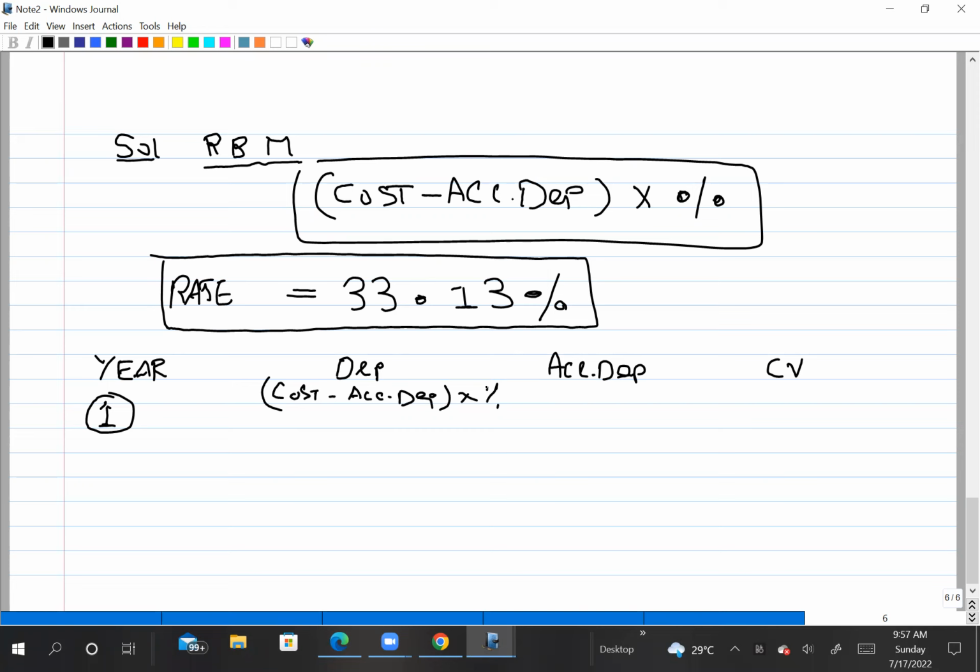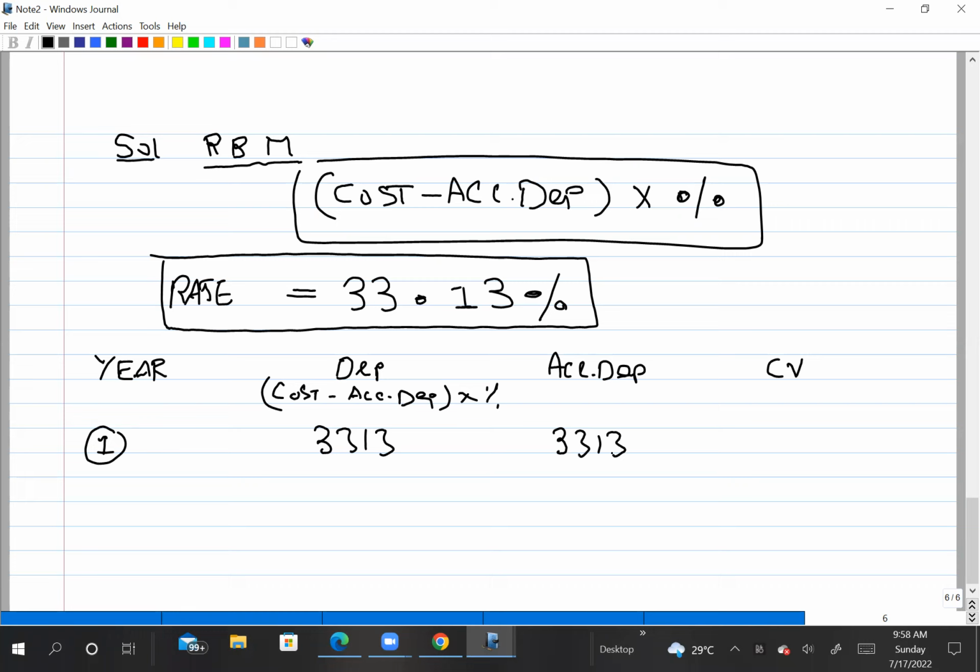So 10,000 into 0.3313 will be 3,313. It will be the depreciation for year one, and the accumulated depreciation will be 3,313.